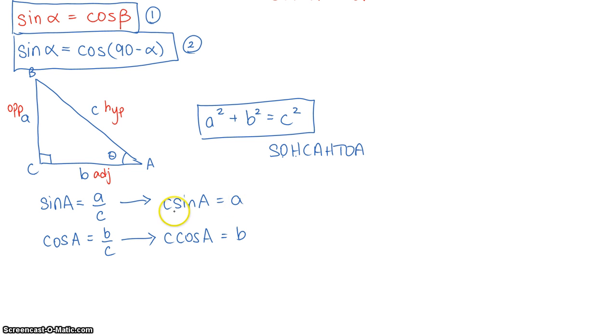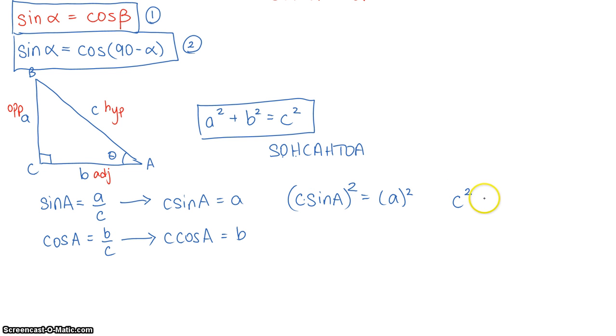If I square both sides of the equation, that'll get me to where I need to be. We're going to square this whole thing, and we're going to square a. When you have two things being multiplied, c multiplied by sine of a, both things get squared. So you get c squared and then sine of a squared.